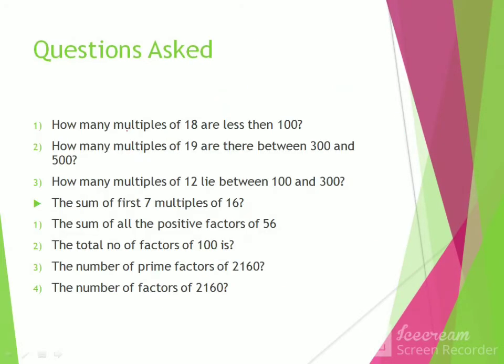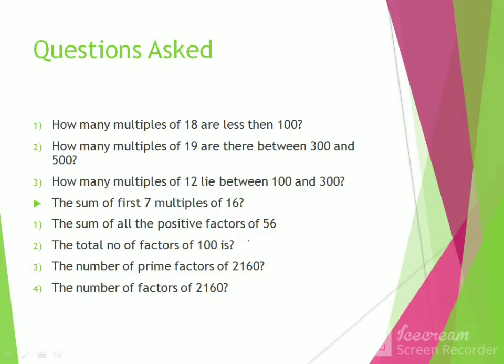Next, we'll see the type of questions that can be asked. How many multiples of 18 are less than 100? Multiples of 19 which are between 300 and 500. How many multiples of 12 lie between 100 and 300? Sum of first 7 multiples of 16. So these are the type of questions that can be framed.